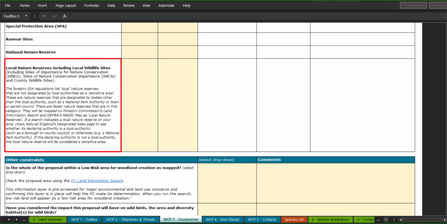That can include sites of importance for nature conservation, SINCs, sites of nature conservation importance, SNCIs, and can also include county wildlife sites.